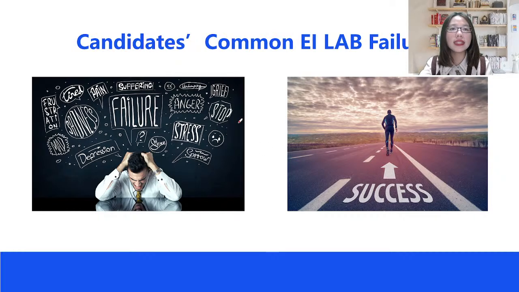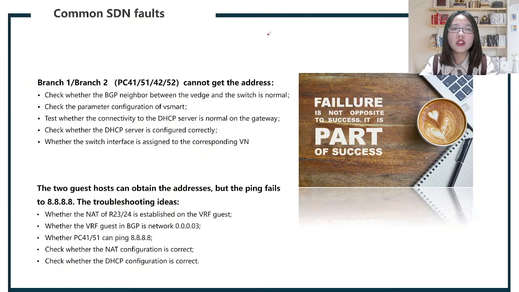Routing and switching and SDN are the most important and really difficult modules in the EI Lab. So they are also the main reason why candidates fail the exam. I will list a few common faults to share with you.